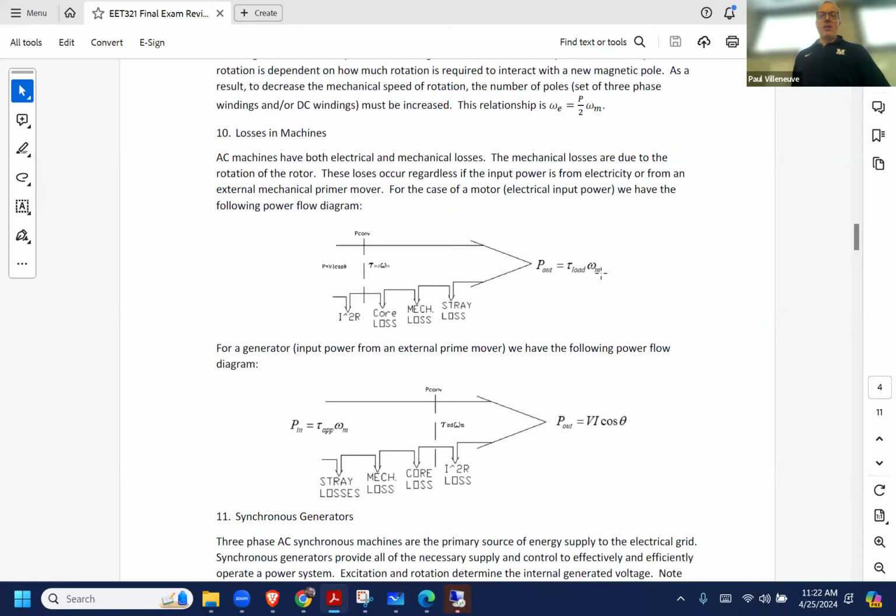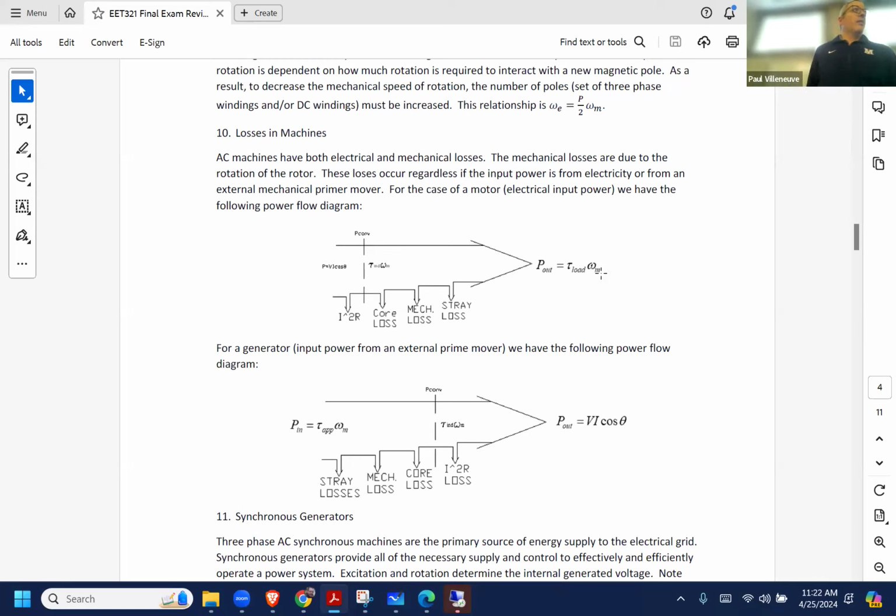We have some I squared R, some core losses, and then everything at this point is developed power, right? It's power that's mechanical. We didn't include that here because for the most part with synchronous machines, they're synchronous generators, so it didn't make a lot of sense to include the developed part. We were just looking at it electrical. Now we take out mechanical losses and then we're ready to apply torque to a shaft of some mechanical system.